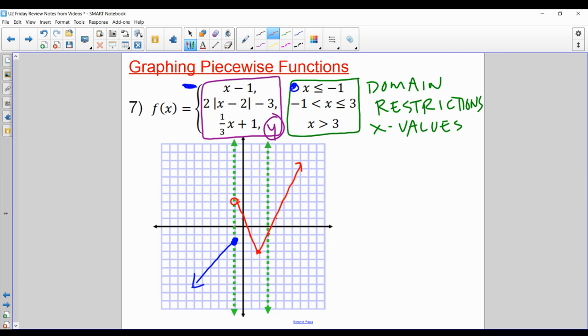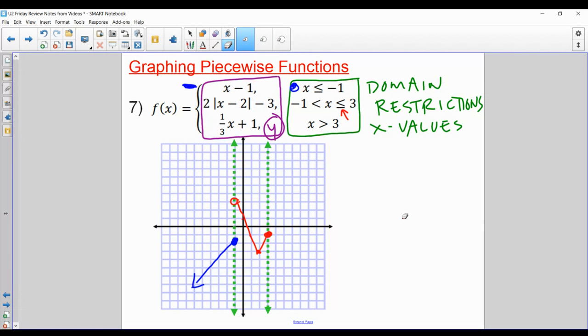Where I'm at x equals 3, there I'm going to have a solid dot because of the or equal to. And then anything beyond that is not included in my domain restriction.